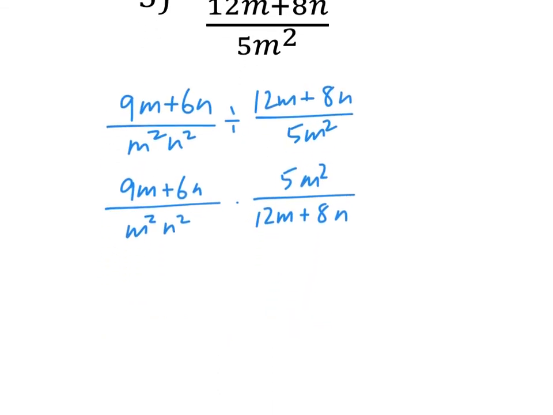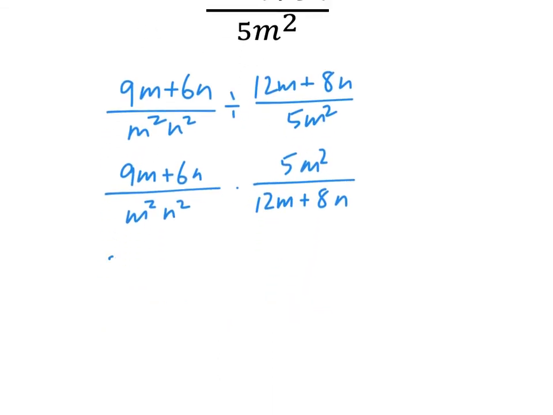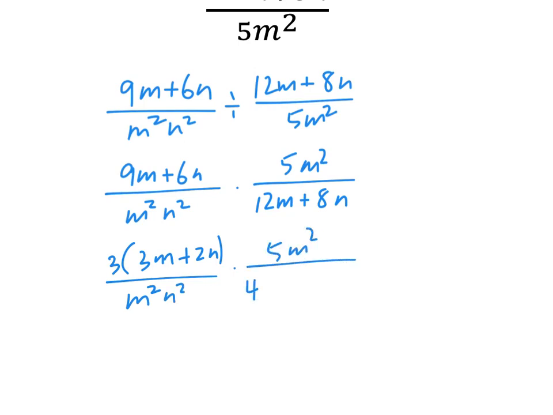Okay, we have to factor as much as we can before we cancel, so we're going to take 3 out. It's 3 times 3m plus 2n, and there's nothing to do in the denominator, times 5m squared over, take out 4, so 4 times 3m plus 2n. Okay, at this time you can see that they cancel diagonally, and the m's are going to cancel. But before that, we got to write the restriction.